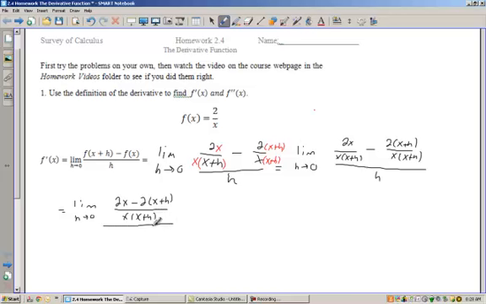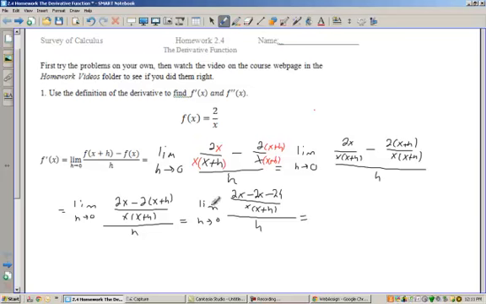And of course that's all still divided by h, which is equal to the limit as h goes to 0 of, on top, we have 2x, and we distribute this negative 2 through, so minus 2x, and then negative 2 times a positive h is a minus 2h. On the bottom we still have x times x plus h, all divided by h.